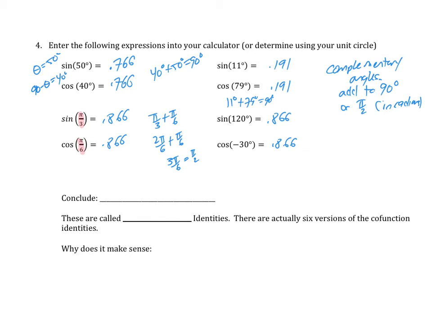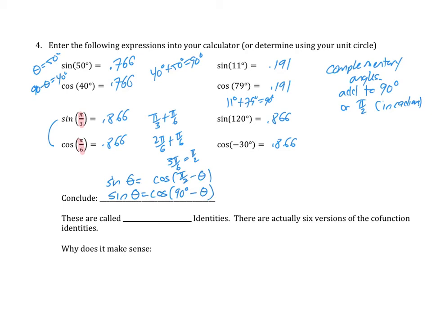So I'm going to write a few versions of this identity. The first one, we have sine of theta is equal to cosine of 90 degrees minus theta. If we look at the same identity in terms of radians, that would be the second one here, we could write that sine of theta is equal to cosine of pi over 2 minus theta.